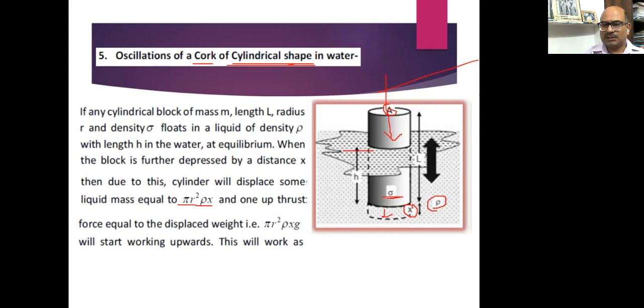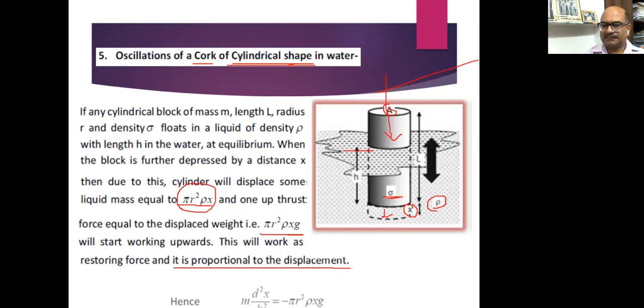So this thrust will be pi r square rho x multiplied by g. This is the weight of the displaced water, and this will work as a restoring force, and it is proportional to the displacement.